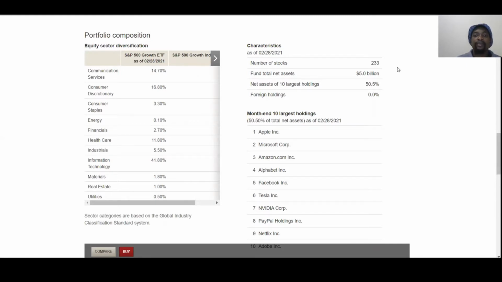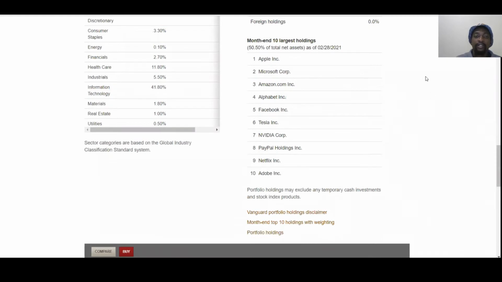The ETF has about 233 stocks, and it has a net asset value of 5 billion. The top 10 largest holdings make up about half of the ETF. The largest holdings are the typical US stocks like Apple, Microsoft, Amazon, Alphabet, Facebook, Tesla, Nvidia, PayPal, Netflix, and Adobe.